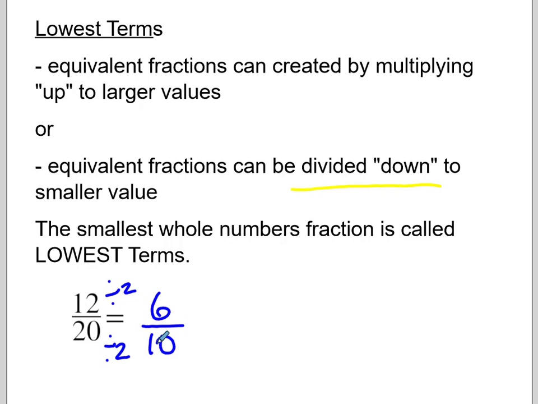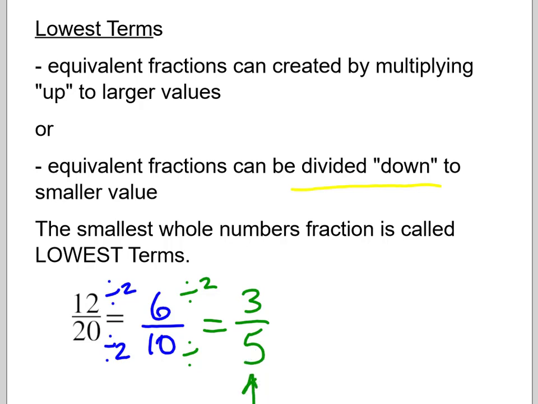Okay, now that is an equivalent fraction that's lower, it's smaller, but we want to try and go as low as we can with these, so I'm going to divide top and bottom by 2 again. And I create 3/5. Now, because these numbers 3 and 5 don't have any number that's shared between them, I can't keep dividing anymore, so this is my lowest term.